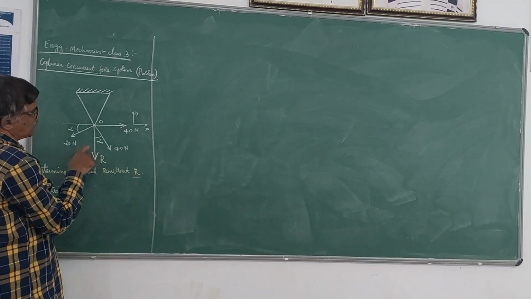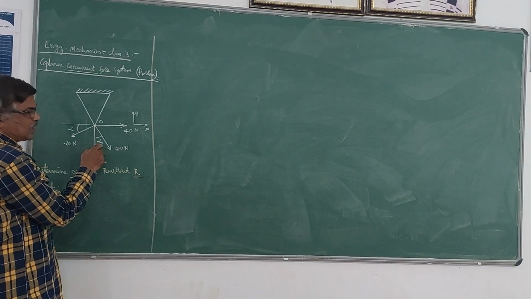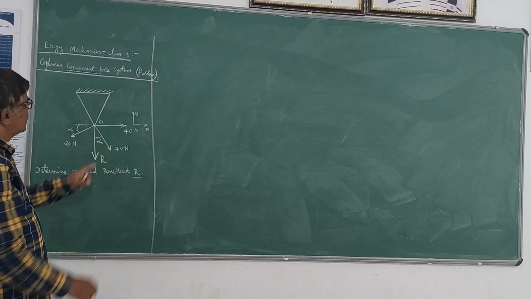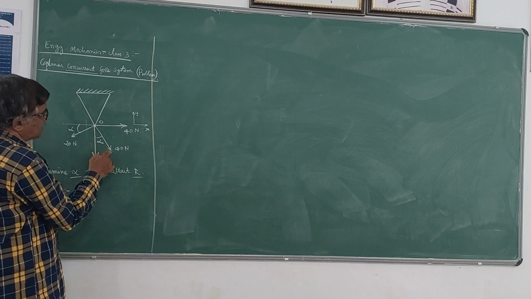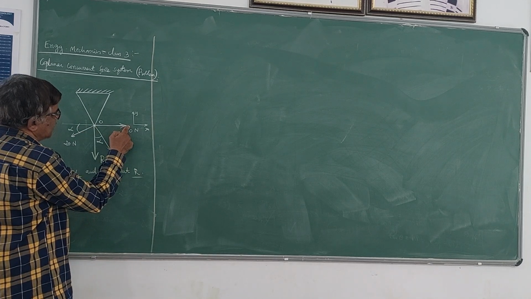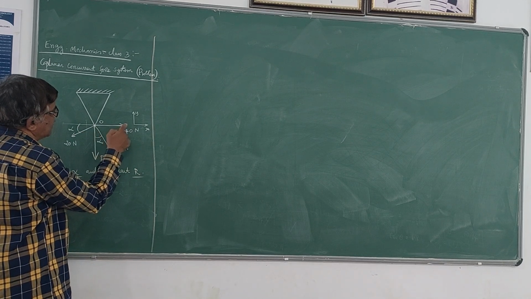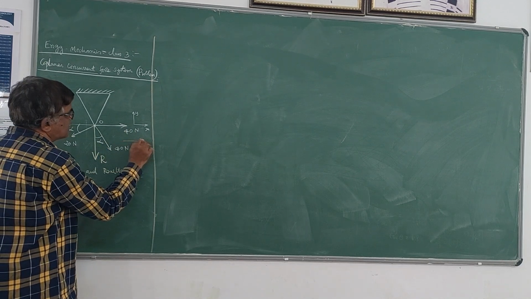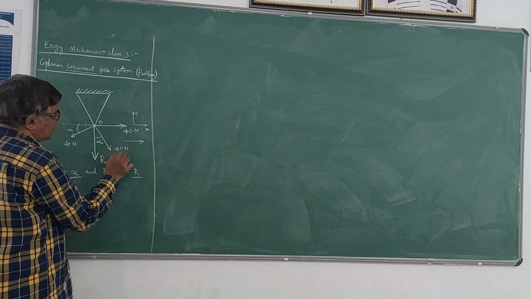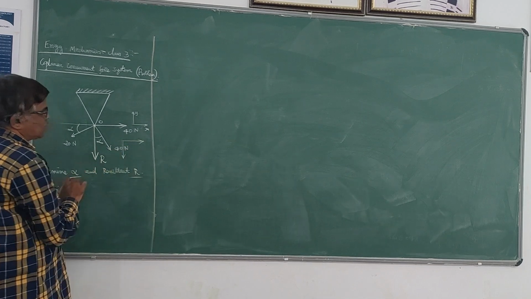This 40 Newton force, since alpha here is with respect to vertical, this will be 90 minus alpha, and if you resolve this along the horizontal x direction, it will be 40 cos (90 minus alpha), and this will be 40 sin (90 minus alpha). If you resolve this 40 Newton, the components will be like this.